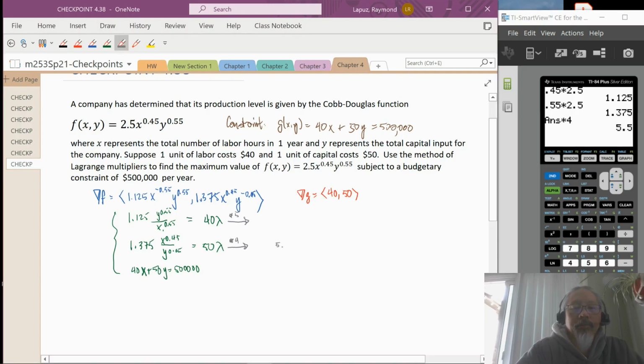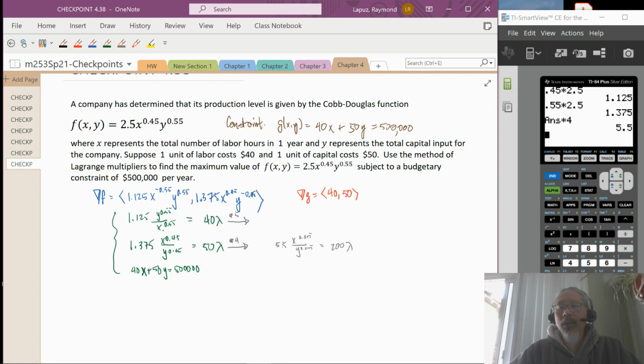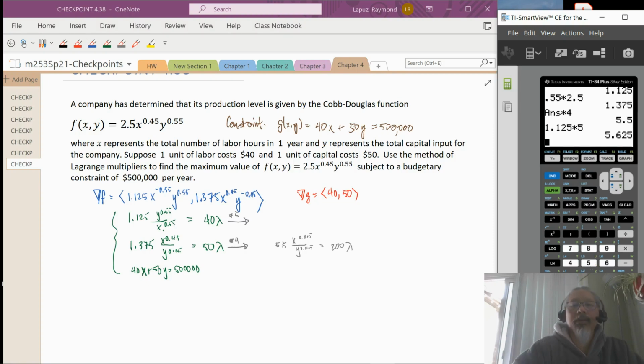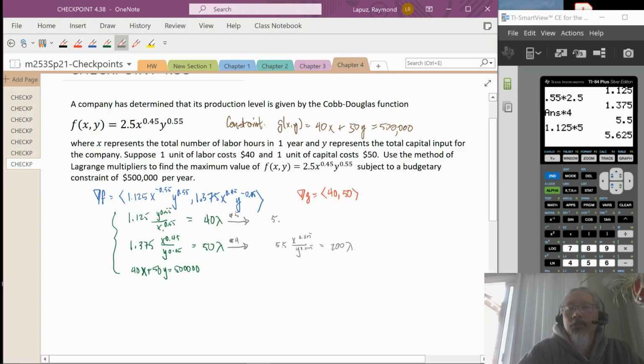So this would be 5.5 x to the 0.45 divided by y to the 0.45, and that's going to equal 4 times 50 lambda, which is 200 lambda. And then if we multiply the first number, 1.125, by 5 this time, it's going to give us 5.625 y to the 0.55 divided by x to the 0.55.